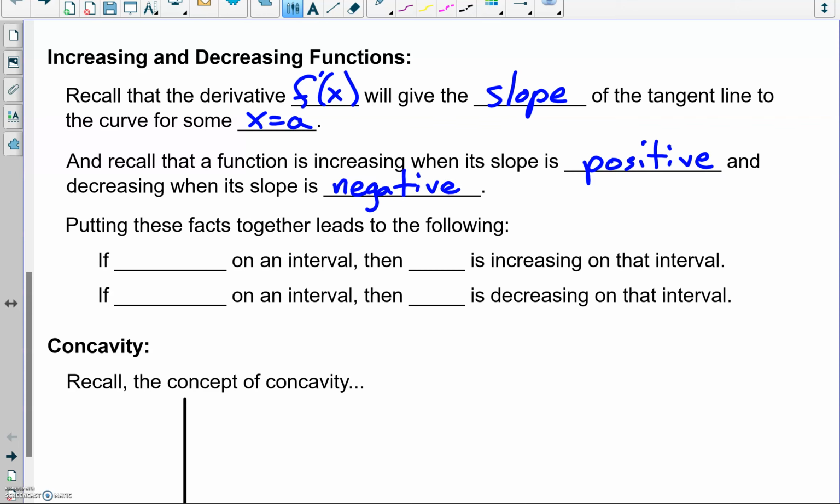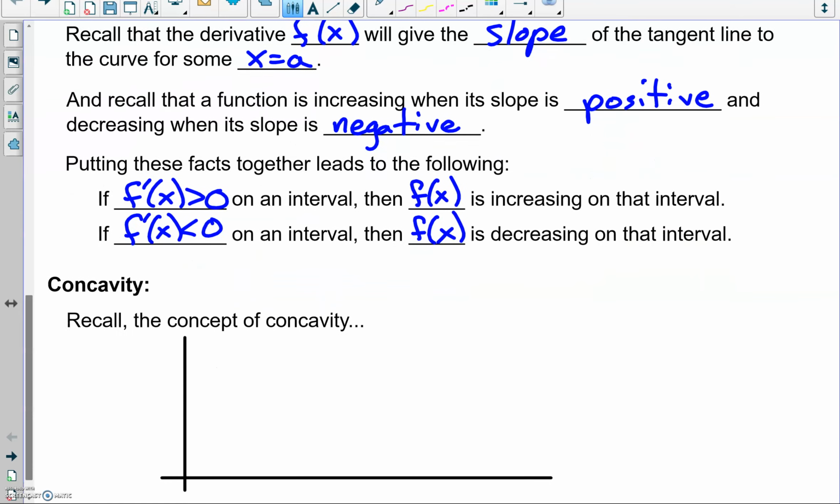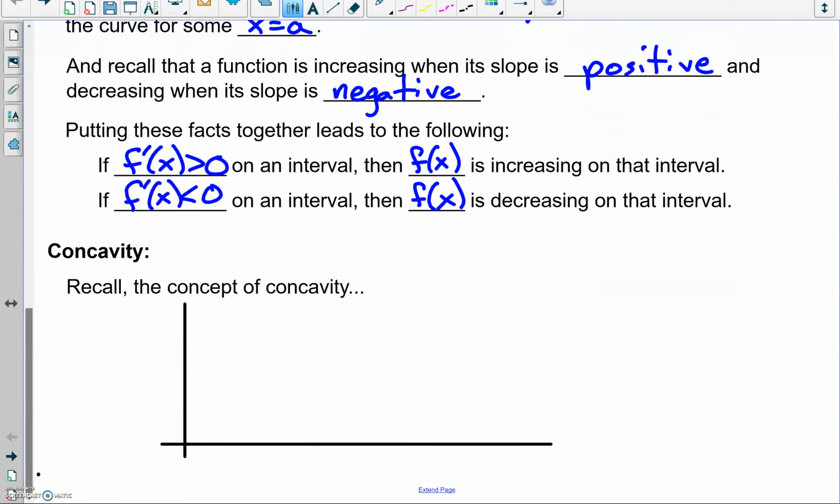So if we put these facts together, what we end up with is that when f prime of x is greater than 0 on an interval, then f of x is increasing on that interval. And on the flip side, when f prime of x is less than 0 on an interval, that's going to indicate that f of x is decreasing on that interval. So that's all there really is to it. When your derivative is positive, you know you're increasing. When your derivative is negative, you know you're decreasing, for whatever x's produce those greater than or less than values.